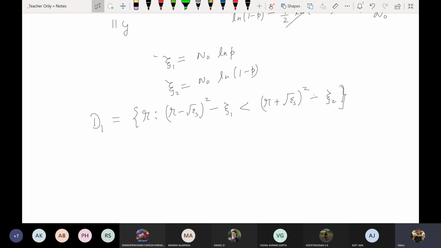And yes, so this equals r such that r squared plus E_s minus 2r root E_s minus xi 1 is less than r squared plus E_s plus 2r root E_s. So r squared cancels out from either side. E_s cancels out.